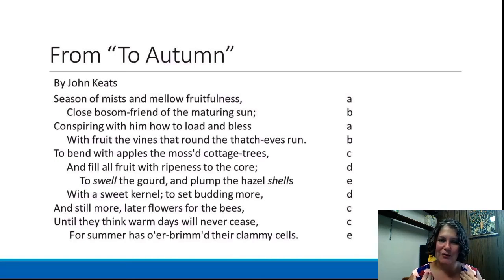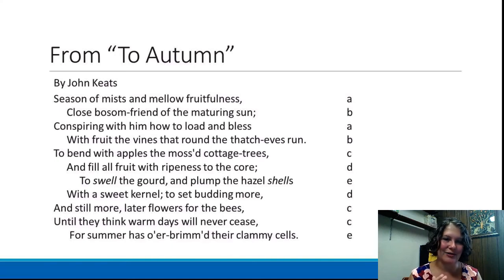As we are reading poetry this week, in addition to thinking about things like imagery and word choice and figures of speech and symbols, I also want you to be thinking about sound. What sounds do you notice? What patterns of sound do you notice? And then what's the overall effect of those patterns of sound? Do you get euphony, musical sounds? Do you get cacophony, however you say that word?